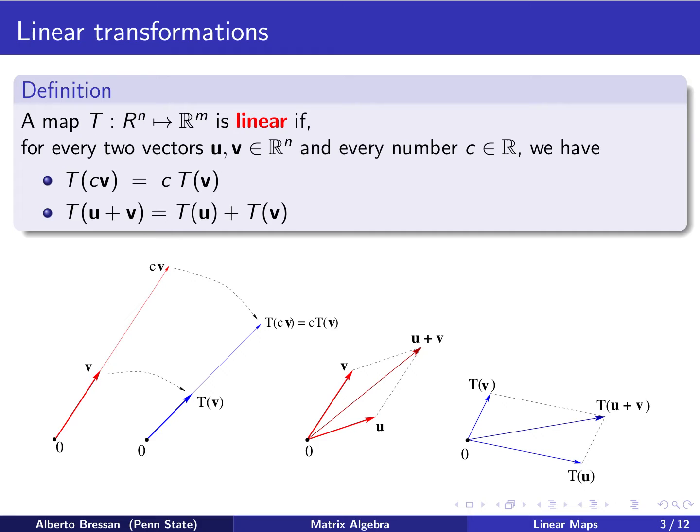The linear property says that if you transform this vector u plus v, T of u plus v is simply equal to the sum of the transform of each. So you can take v and transform it to get T of v, take u and transform it to get T of u, and then add these two up, T of u plus T of v, which is exactly T of u plus v.